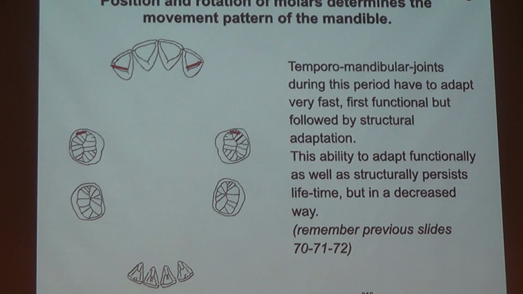And during this period, from 5 or 6 until the bicuspids and K9 erupt, which is the last one to erupt, the first molar is responsible for the guidance of the dentition.